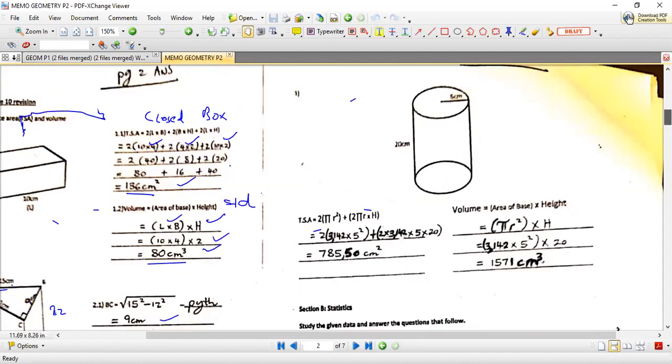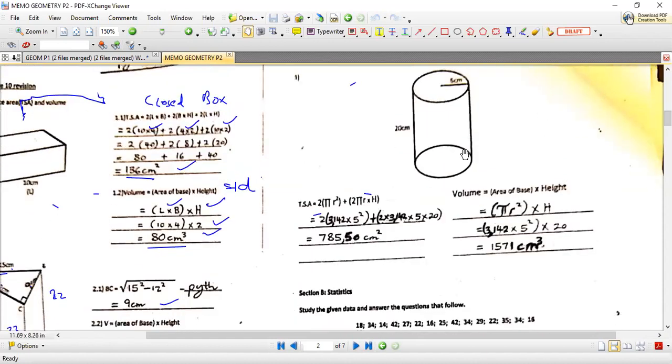What does this mean? This is the amount of liquid that can be poured into the cylinder right to the top.